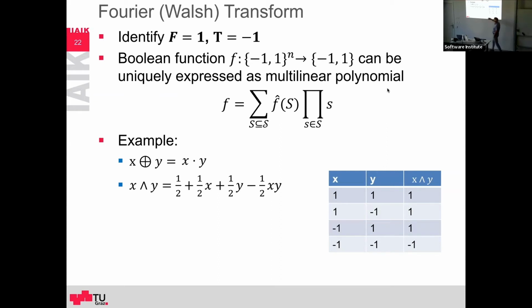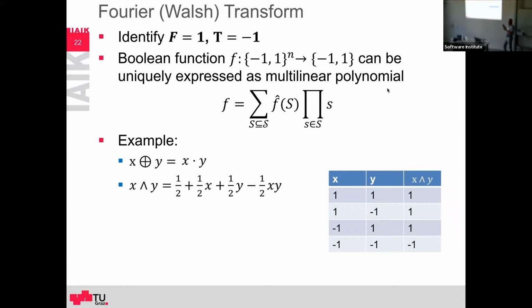And this is what you see here. The idea is that if you pick x and y randomly, then on average x and y are 0, right? Between 1 and -1. So these three terms go away, and what remains is the 1/2. And that's the bias of the function, right? What does it say? Well, it says that an AND is closer to false than to true. And this, I think, is something that intuitively we all agree.